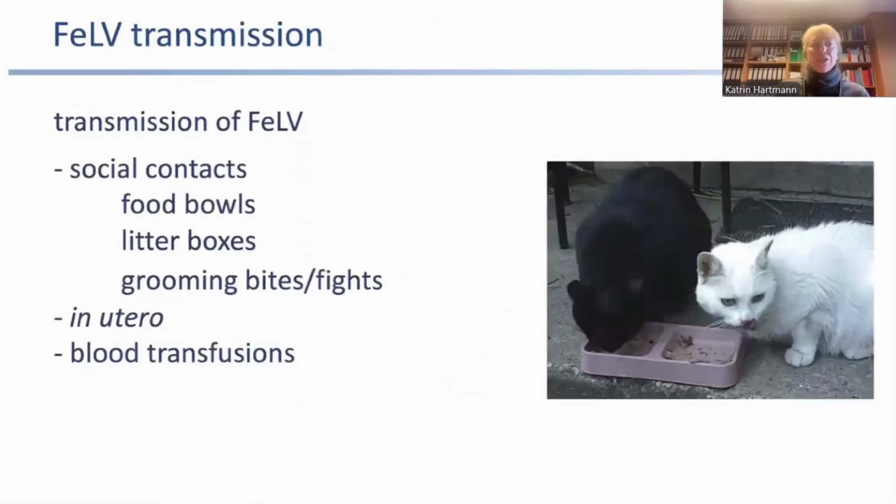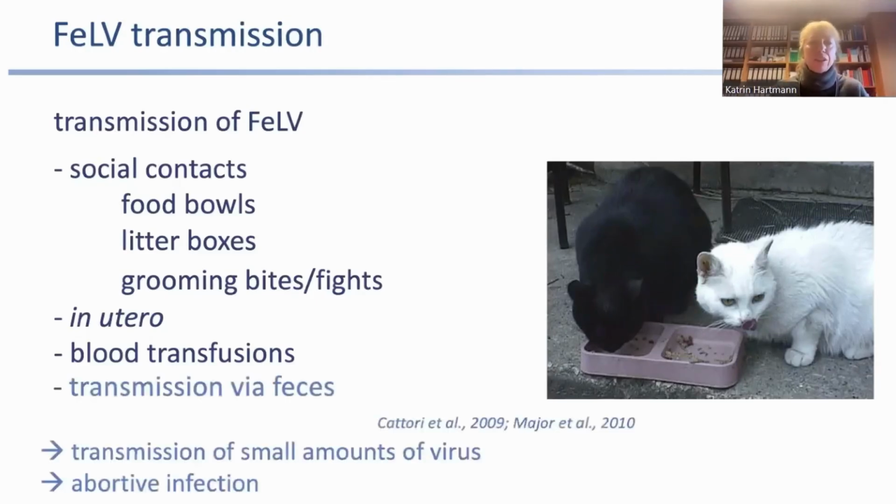So the transmission of FIV is also easier. The virus does not need to be inoculated into the bloodstream. Saliva contact is enough. So social contact, food and litter bowls, grooming, fighting, intrauterine transmission, blood transfusion, all this can lead to FIV transmission.